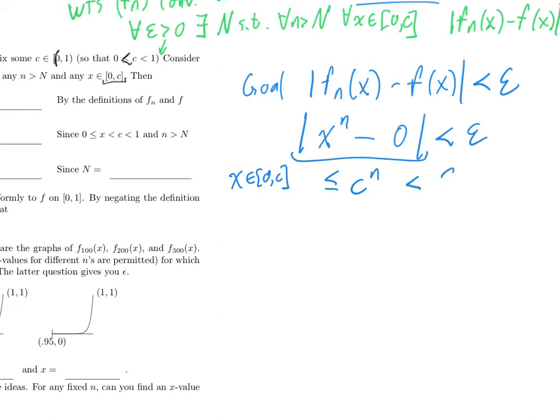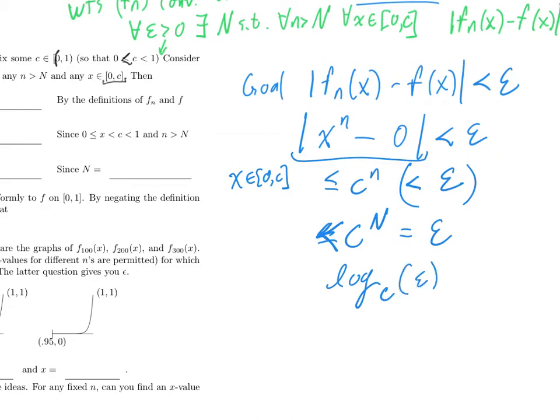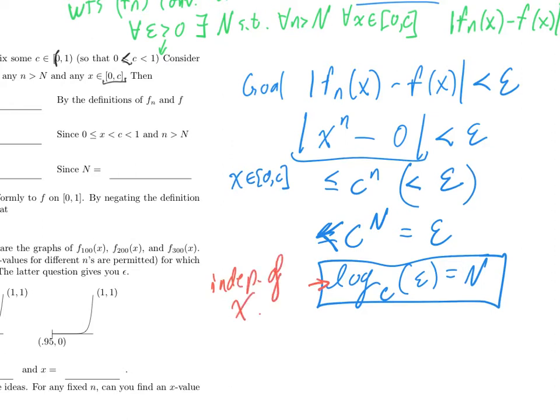And I need that to be less than epsilon. Well, now I'll use the fact that little n is bigger than big N. That's less than or equal to c, no, strictly less than c to the big N. Well, I can set that equal to epsilon and solve. It looks like log base c of epsilon is a good choice of big N. And notice, there are no x's here. This is independent of x. It depends on c, but it's allowed to because the function itself depends on c.